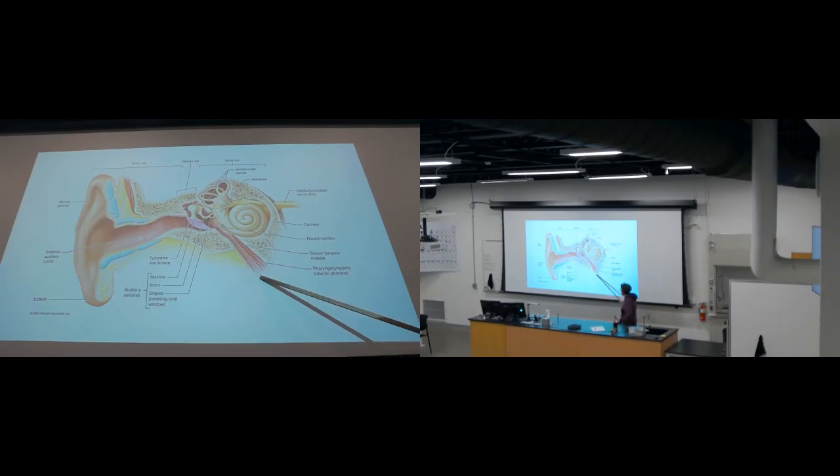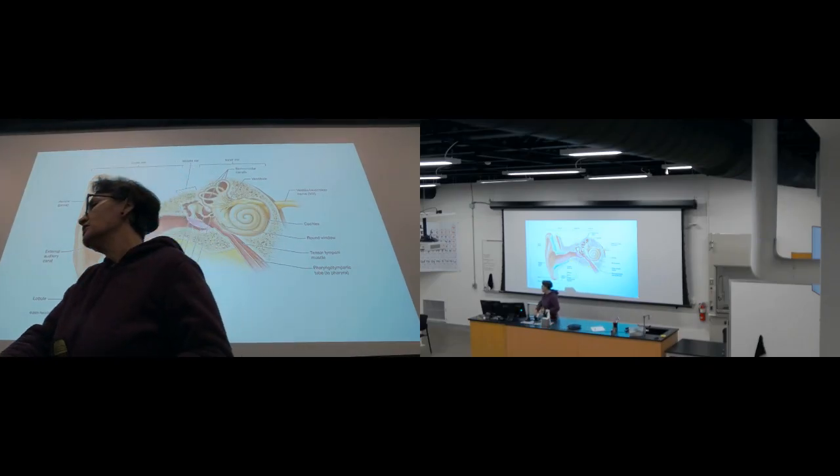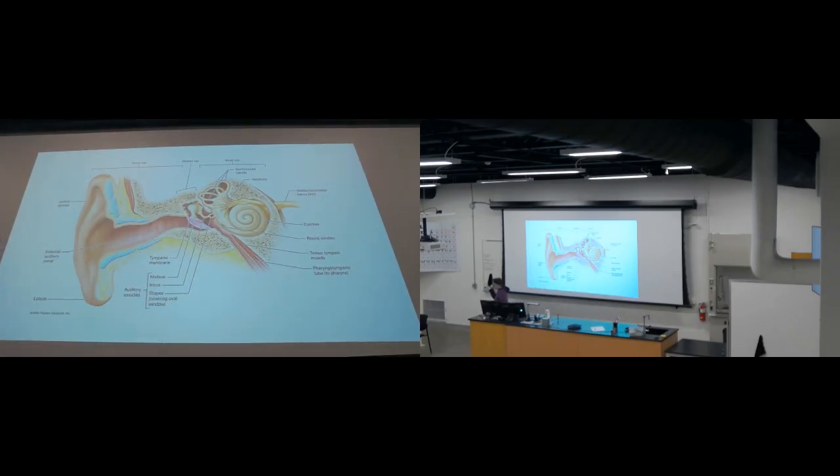Now we have a connection between the middle ear and the pharynx, which is called the pharyngotympanic tube, or also auditory tube, or eustachian tube, that helps to equilibrate the external pressure with the internal pressure, so that whenever we are changing altitude, that pressure doesn't burst our ear. So this one closes as you move up.